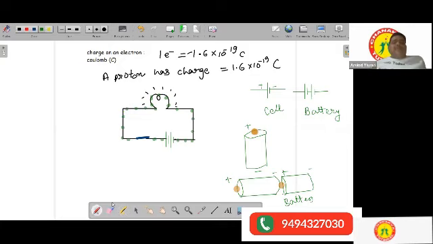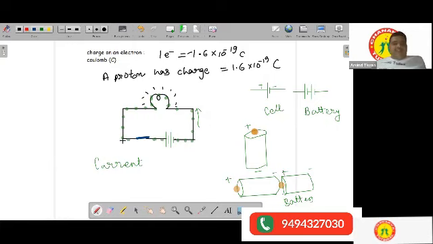Now here scientists left a little bit of confusion for the kids. The confusion is that electrons are moving from the negative terminal to the positive terminal, but they defined current, and they said that current we will always take to be positive. They told that we will make the direction of current from the positive terminal towards the negative terminal.